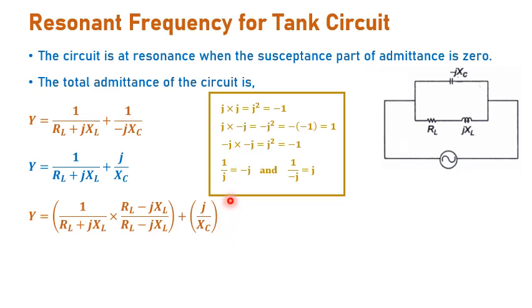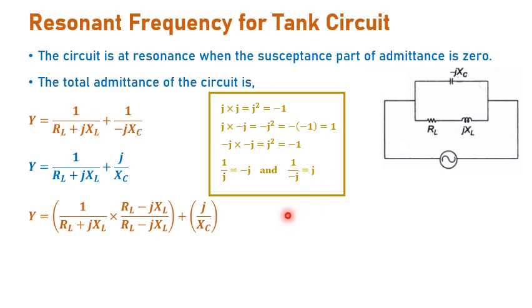And let us see some basics. Using the j term, when you multiply j into j, you get j square. The equivalent value for j square is minus 1. Similarly, j into minus j will be minus j square, so minus of minus 1 will be 1, and so on. So 1 by j can be written as minus j, and 1 by minus j can be written as j.